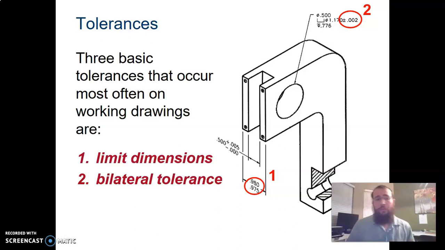reject the part. For the bilateral tolerance, the one at the top, it says 1.17 plus or minus 0.002. 0.002 is the thickness of a hair. Remember, that's very small, like the thickness of a sheet of paper. Whatever fits inside of here, if it doesn't have the tolerance to match it, it won't fit in there correctly.